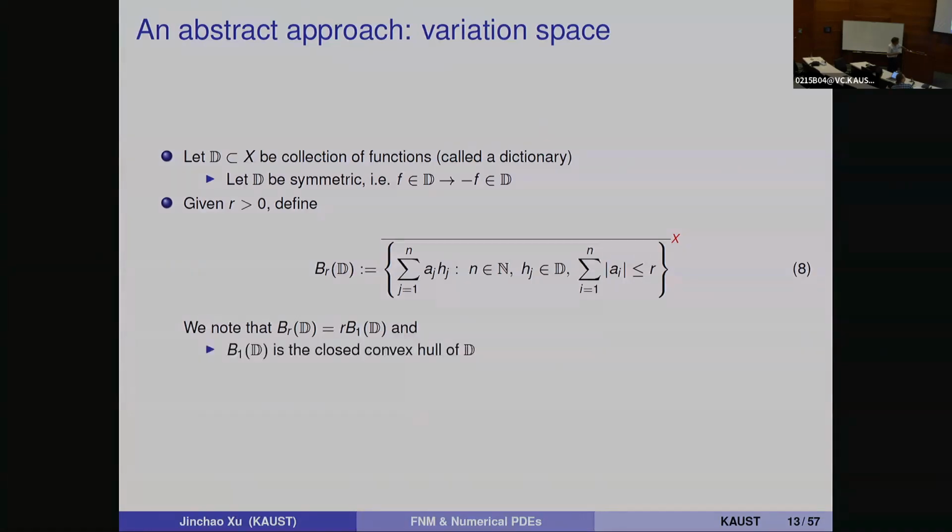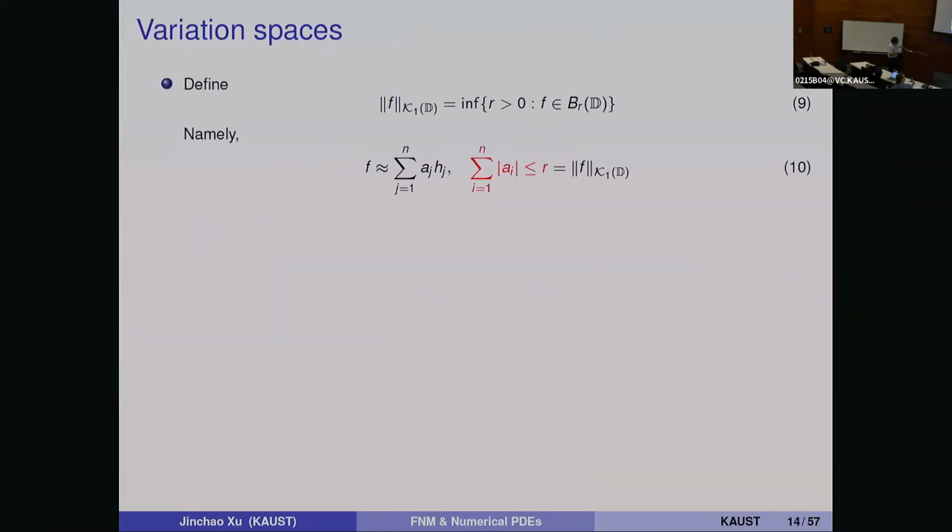So B1 is just the convex hull of D. It took us a while to reach this point, as mentioned earlier, but statisticians have actually been using these things from totally different viewpoints. So you choose the smallest R such that this norm holds, that is, F is in the ball B_R of D.